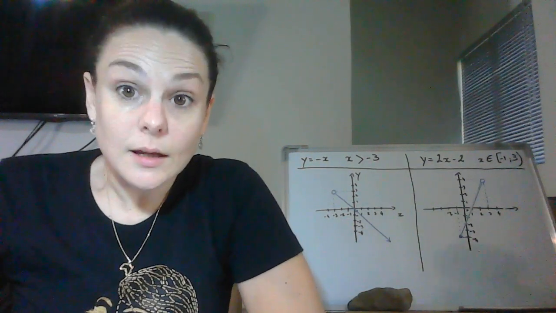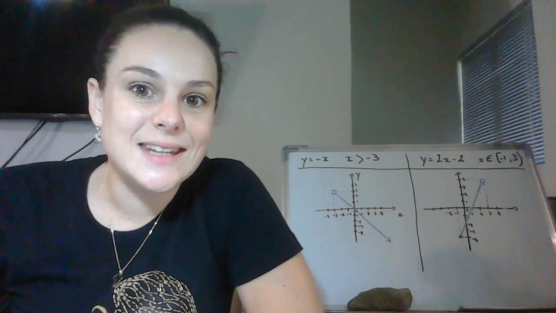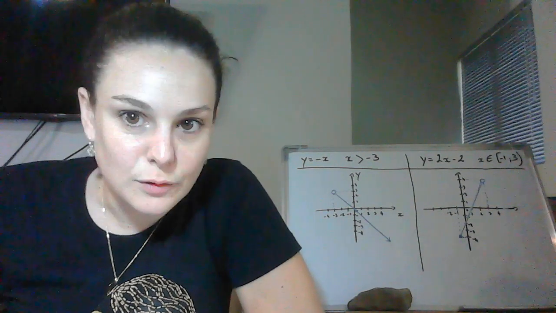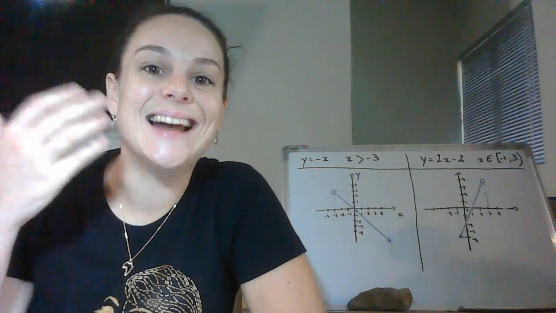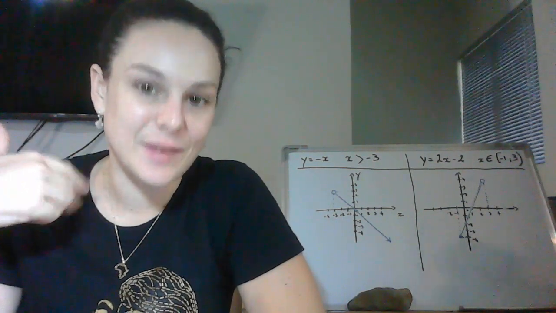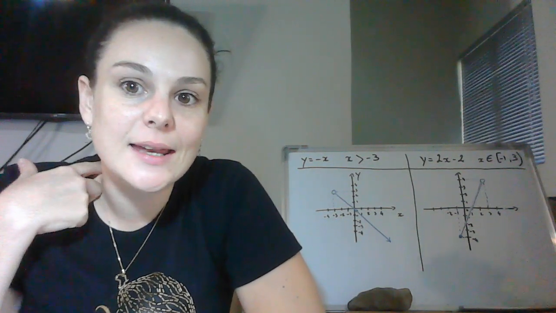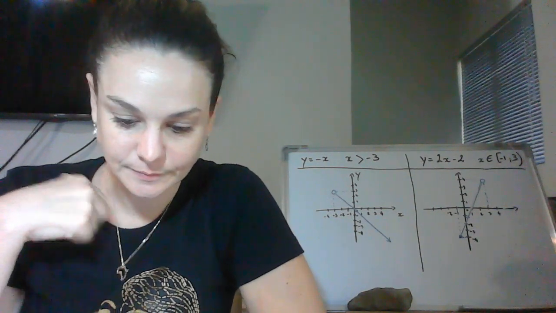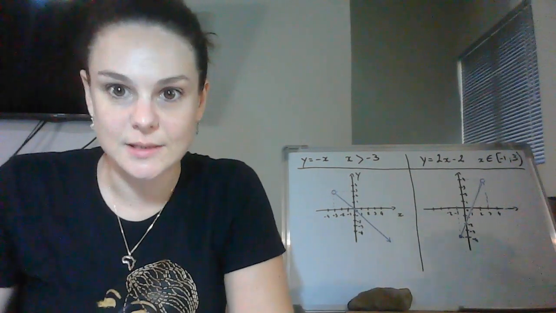You know that if the gradient m is positive, then the line is inclining, and if the gradient m is negative, then the line is declining. Alright, so that's the basics.